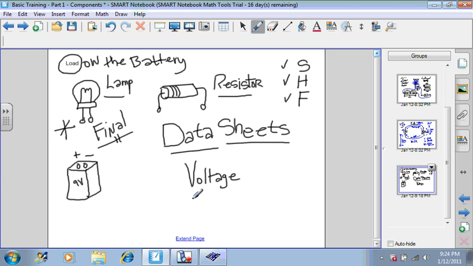And you also need, if that energy is given to the component, to know how fast the current passes through the component. How much current does this component use when you give it that energy?